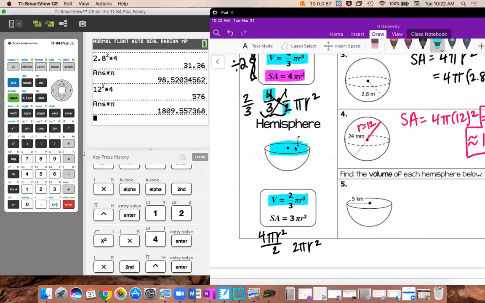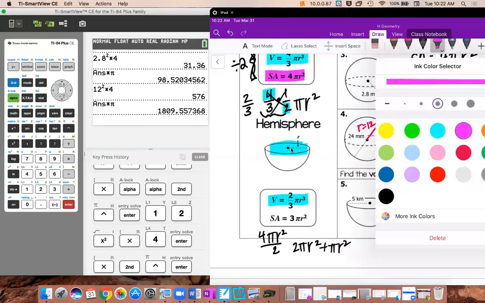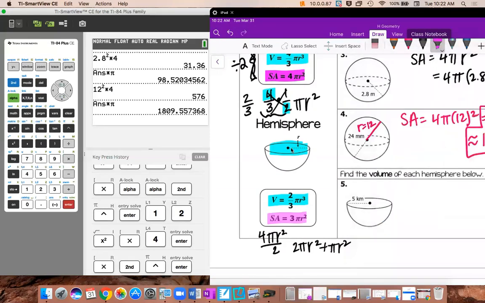So this is your great circle, and I have to add another pi r squared to it. So if I have 2 pi r squared plus pi r squared, I get 3 pi r squared. That's why you have 3 instead of 2, because I need to include the second circle, really the third. So the surface area of a hemisphere is going to be 3 pi r squared, okay?